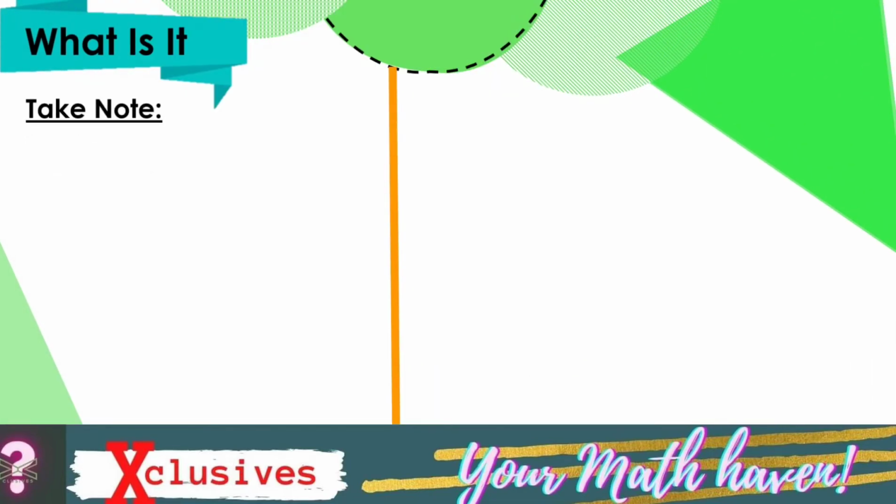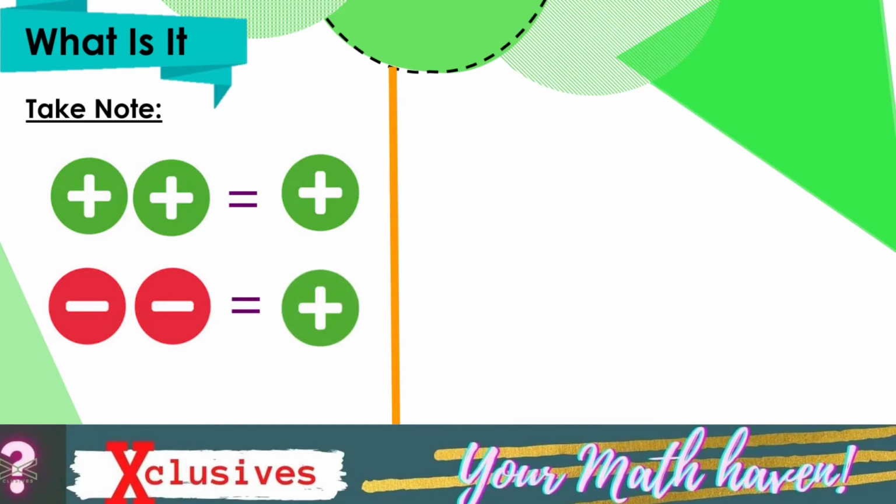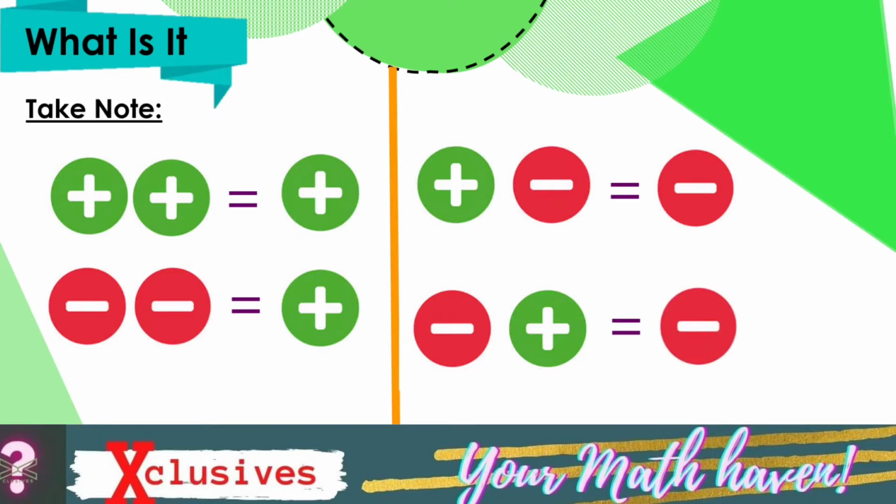In multiplication, if we multiply positive times positive, the answer is positive. If we multiply negative times negative, the answer is also positive. If we multiply positive and negative, the answer is negative. Or negative times positive, the answer is still negative.